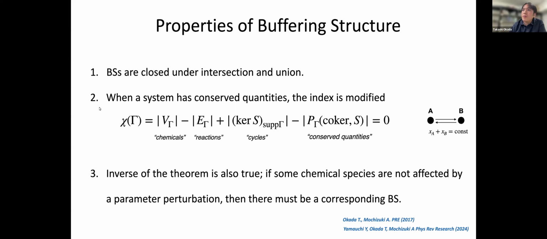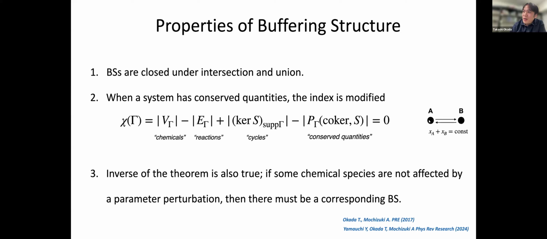And second, so far, I implicitly assumed that the system has no conserved quantities. But in general, a chemical reaction network may contain conserved quantities.